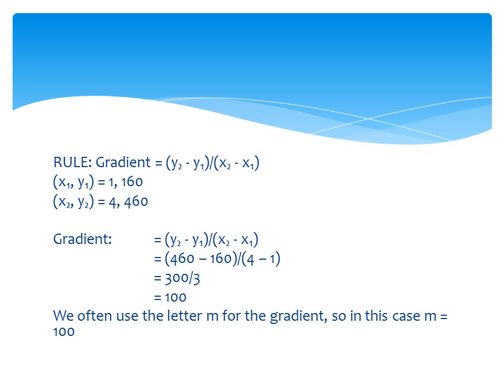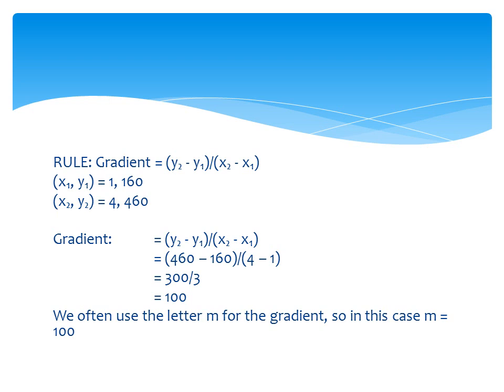Going back to our rule, gradient is y2 minus y1 divided by x2 minus x1. So y2 is 460, so we can put that number in. y1 is 160. x2 is 4, x1 is 1.